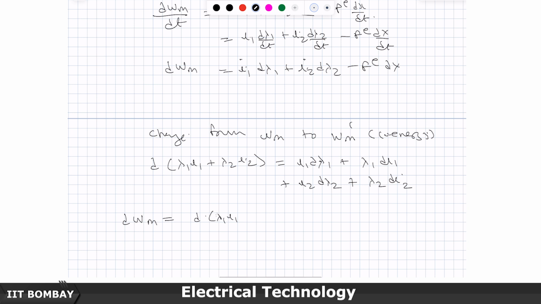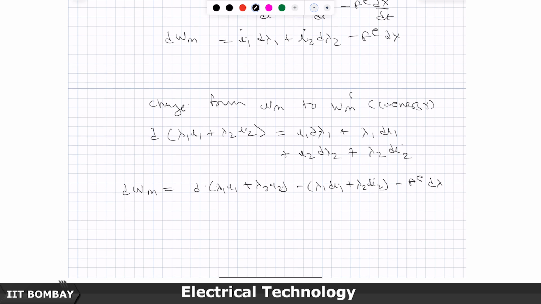d of λ1 I1 plus λ2 I2, minus λ1 dI1 plus λ2 dI2, minus Fe dx. So, now you can see that the state variables in terms of I1 and I2 have started coming into the system.